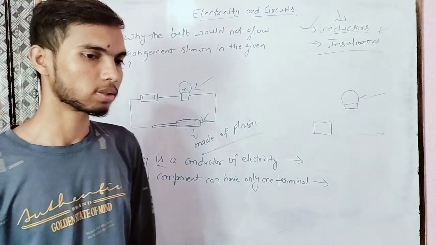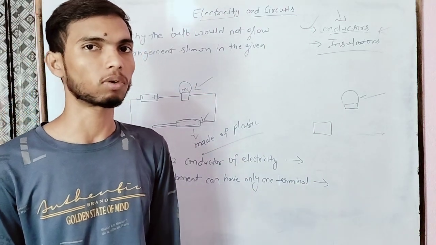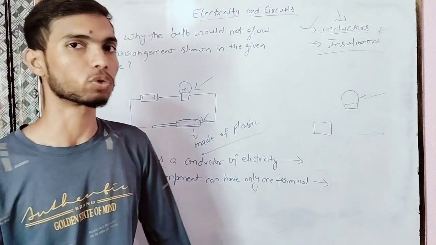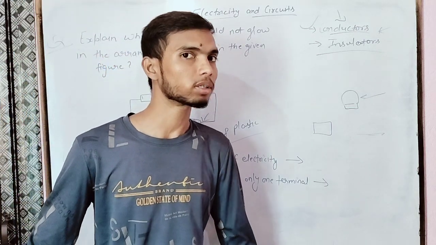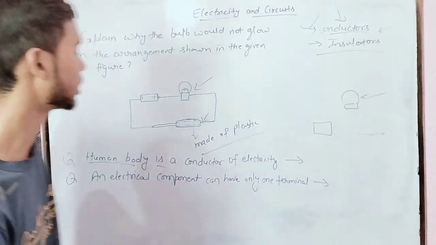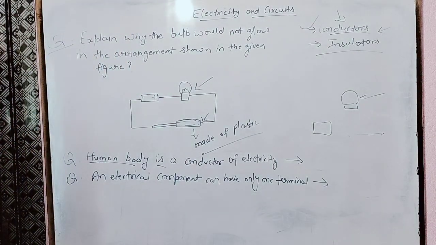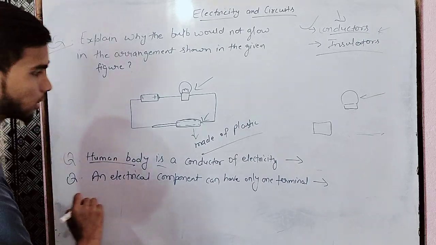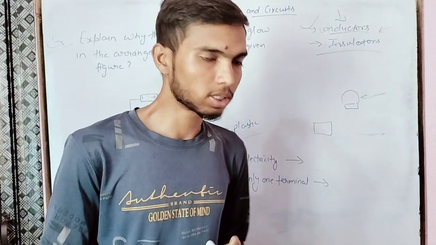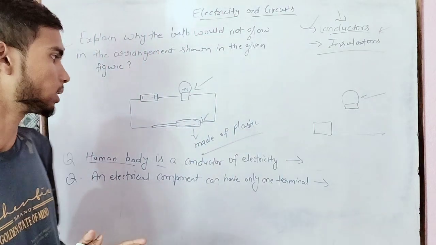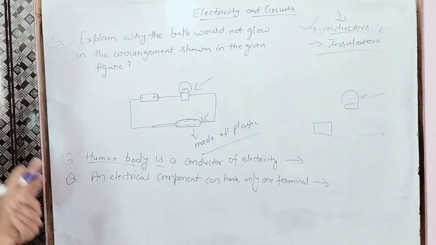So yes, we are a good conductor of electricity. We are not an insulator object. Instead, we are a good conductor of electricity. And be safe with electricity anytime, anywhere.